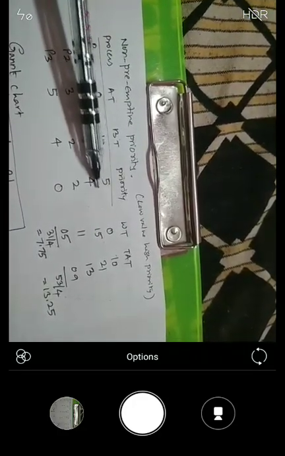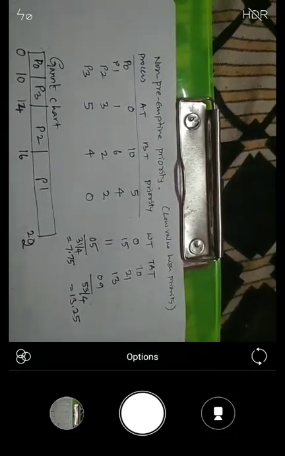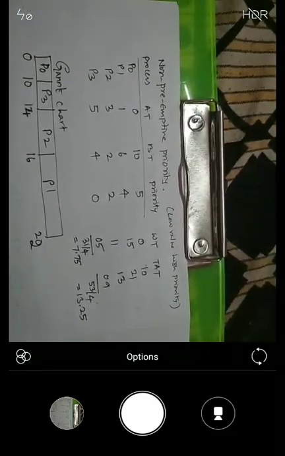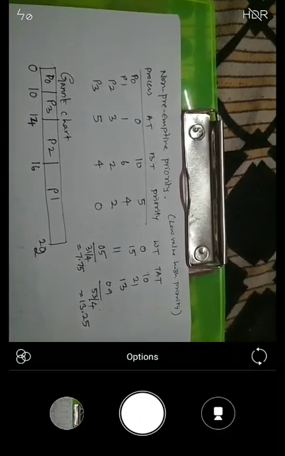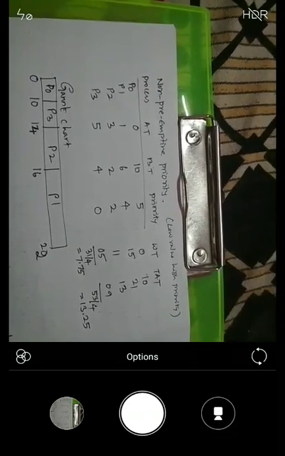For example, in our case, P3 is assigned 0 priority, indicating that it has the highest priority, whereas P0, which has the priority number 5, has the lowest priority. It is like what we generally say in a routine way: the person who has scored the highest marks has the first position, and then second, third, fourth, in our academic concept.